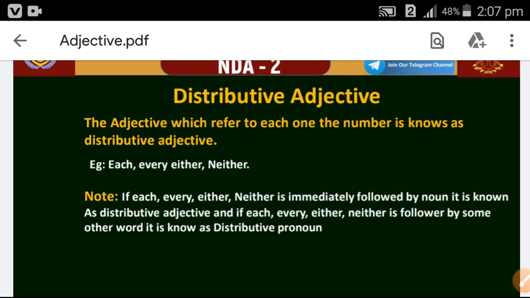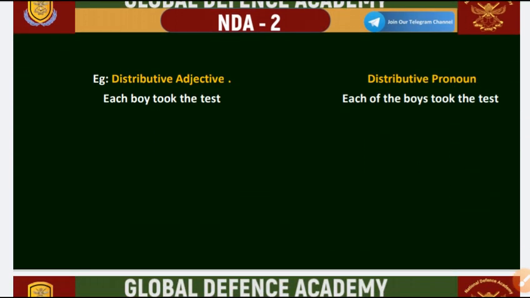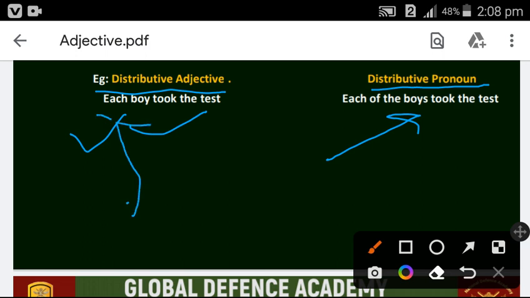And here are some examples written on your screen, distributive adjective and distributive pronoun. Each boy took the test, and on the other hand, each of the boys took the test. In the previous example, each is a word which is just followed by a noun, that is boy. But in the other context, each is a word which is followed by another word, that is of.